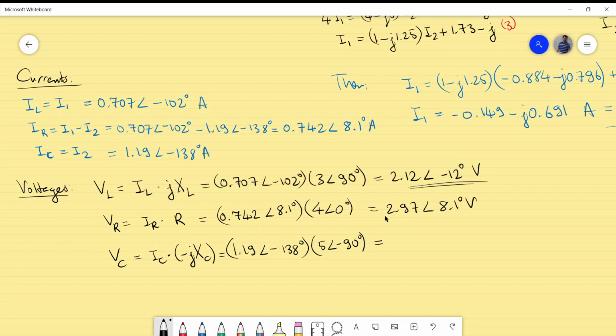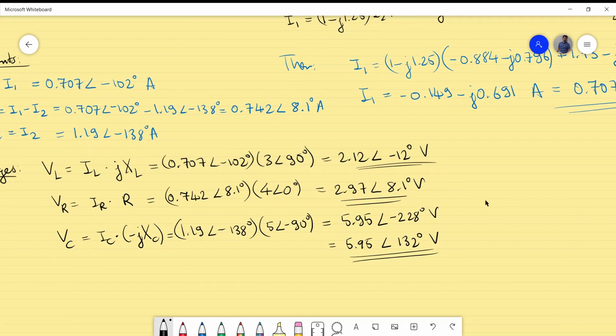If you do the math, for the capacitor you will have 5.95 with a phase of minus 228 degrees in volts, but you can also add 360 degrees to the phase, and then you will have 132 degrees for volts.